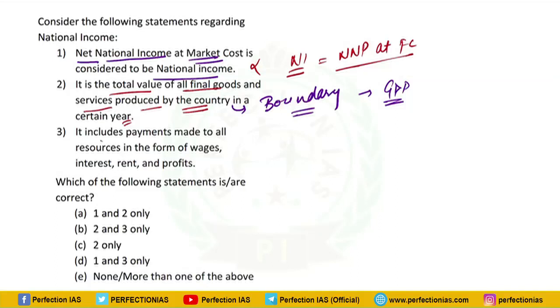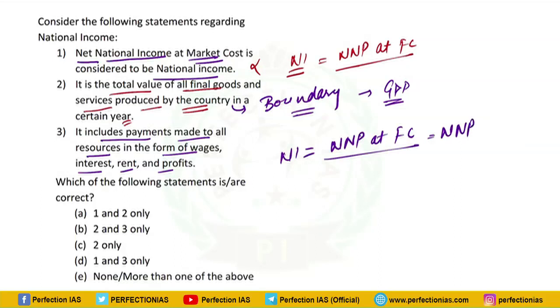Third statement is it includes payment made to all the resources in the form of wage, interest, rent and profit. So it is correct. Now again, national income is NNP at factor cost. NNP at factor cost is equal to NNP at market price minus taxes plus subsidies.